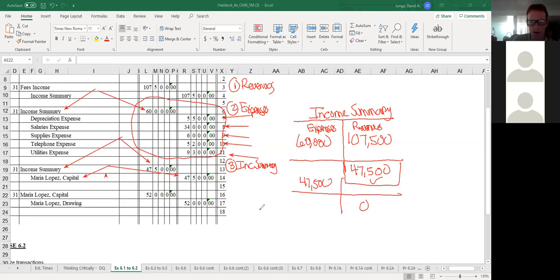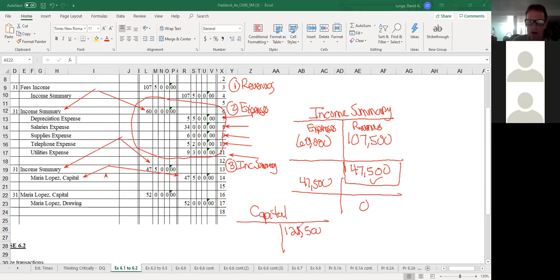Okay, so I'm just going to draw this up right here. Capital, of course, going into your ledger. Remember, our idea here is we are going to be updating the capital account. Now, if you went back to the previous screen, the capital balance in this problem had a beginning balance of, I think it was, 121,500.